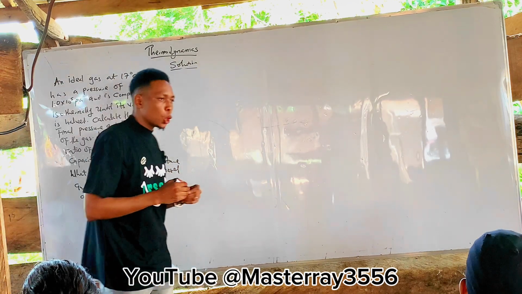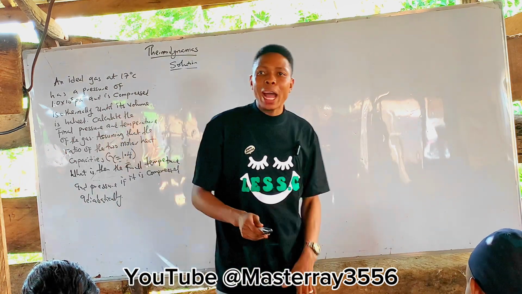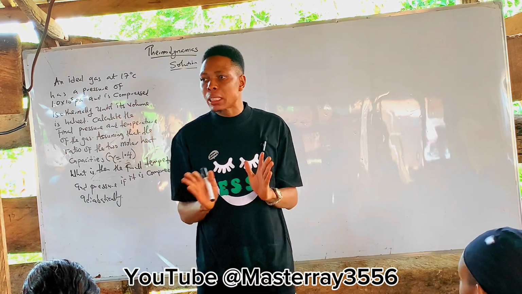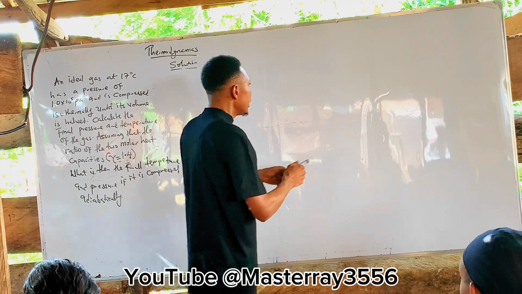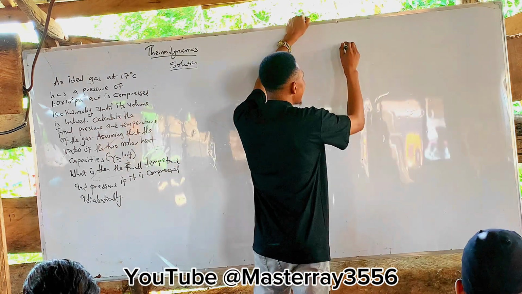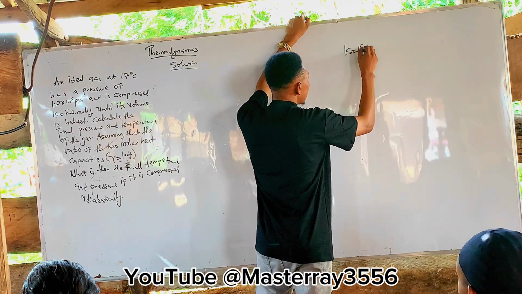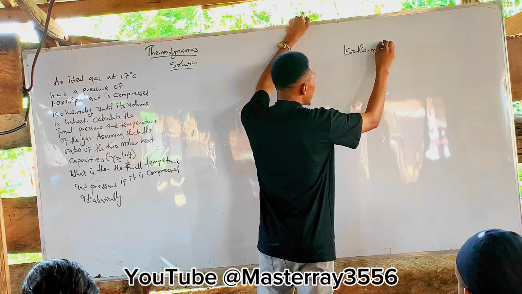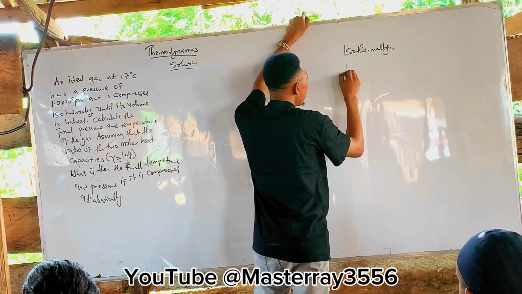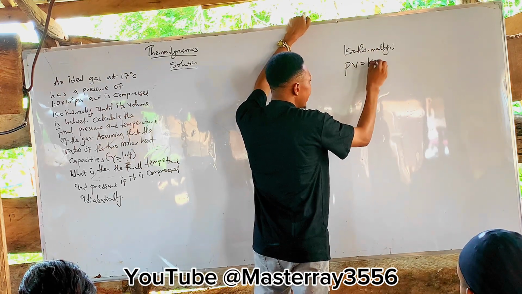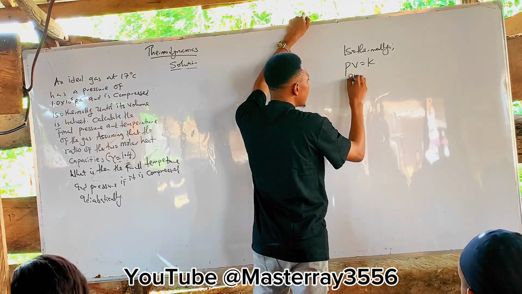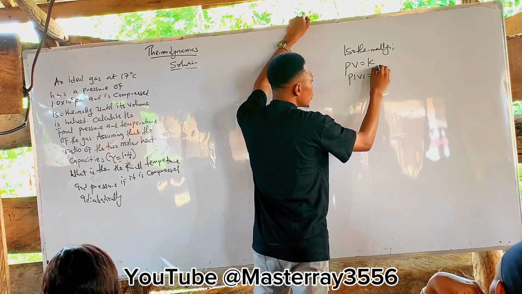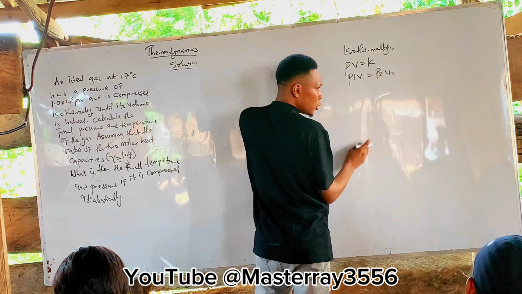Now when it comes to isothermal and adiabatic processes, please pay attention. In terms of an isothermal process, we have PV equals K. That's P1 V1 equals P2 V2.